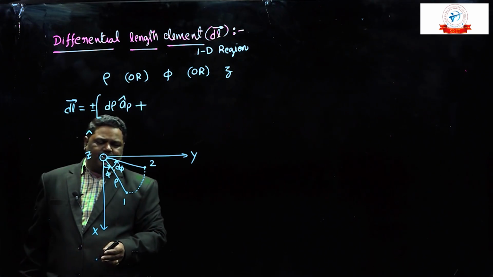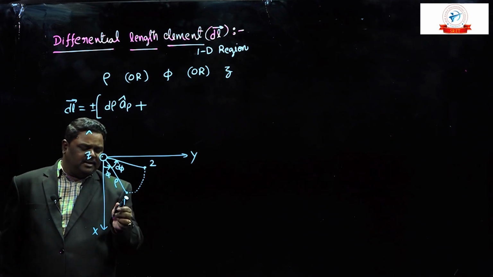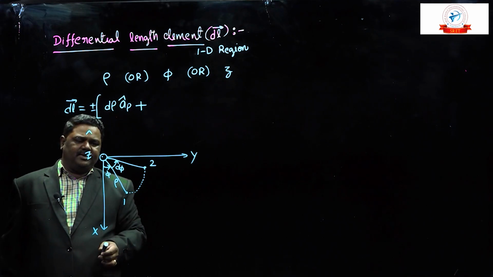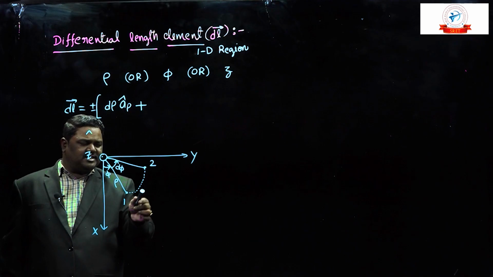When we increase the phi value by a differential amount, the point at location 1 moves along a curved path. Whenever a point moves along a curved path, how do you find the length of this curve or arc?